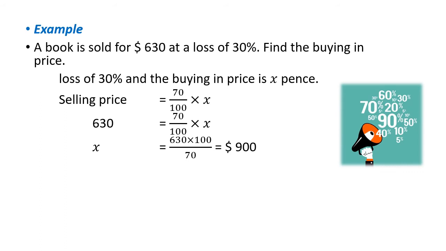It means 70 over 100 you have to use here. Then 630 is the selling price, 70 over 100 multiplied by X. You have to find X. X means buy-in price. X equals 630 times 100 divided by 70. After simplifying this, the final answer is $900 for the buy-in price.